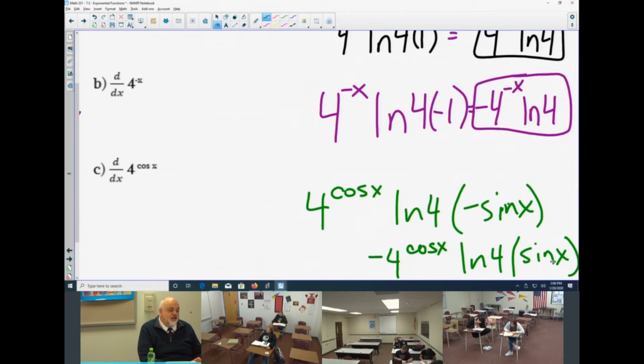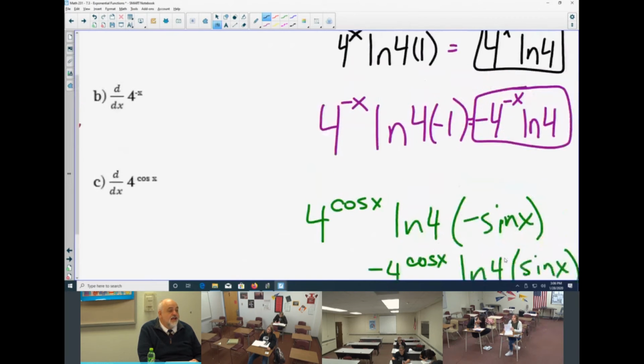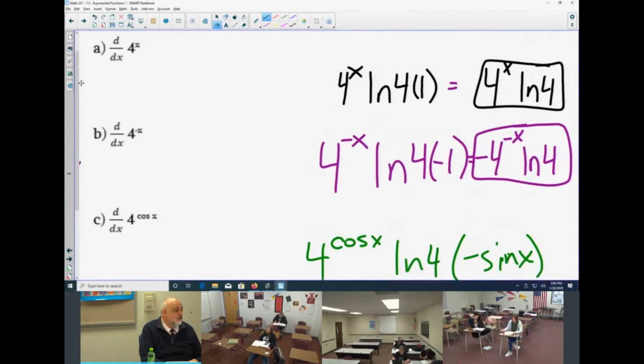And then I think you said this one before, the ln of 4. It doesn't really matter. Although some people would say, well, this is actually a constant, this is a number, so put it in front of the trig function. But it's all the same. Okay? All right, any questions on that? All right, good.